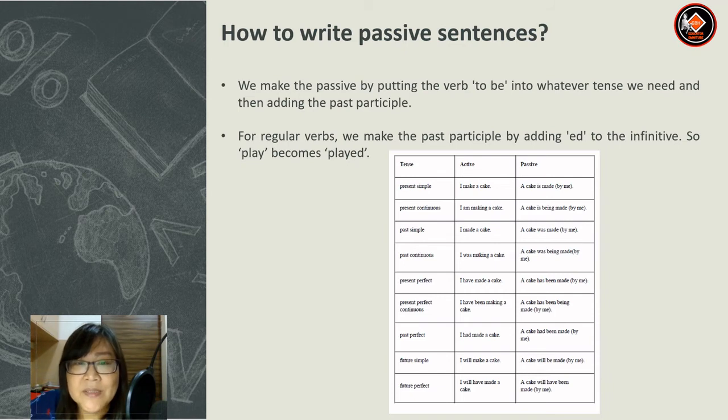You can see from the list here, you have many tenses such as present simple, present continuous, past simple, past continuous, present perfect continuous, past perfect, future simple, and future perfect. Here you also have the examples of the active sentences and also the passive sentences.